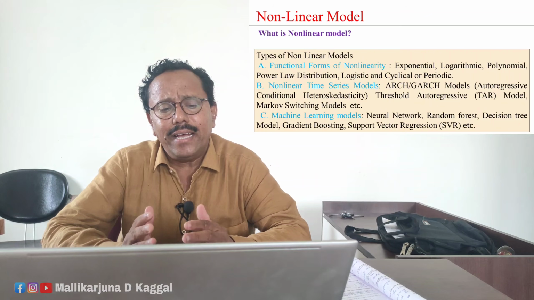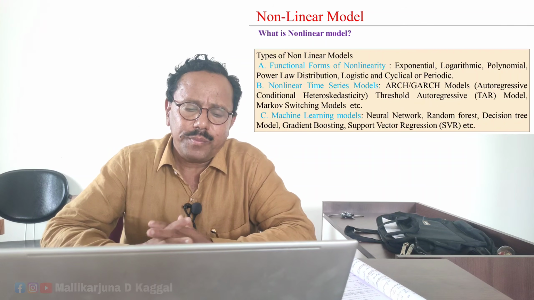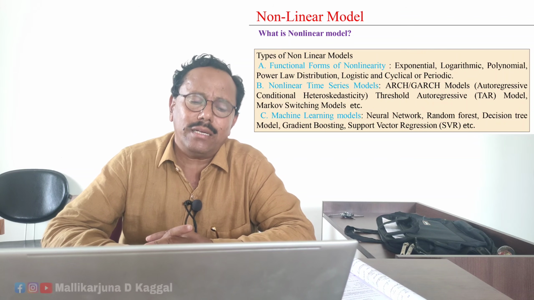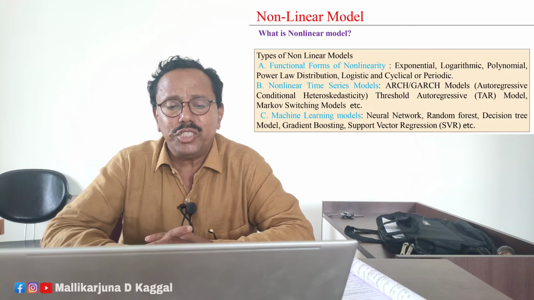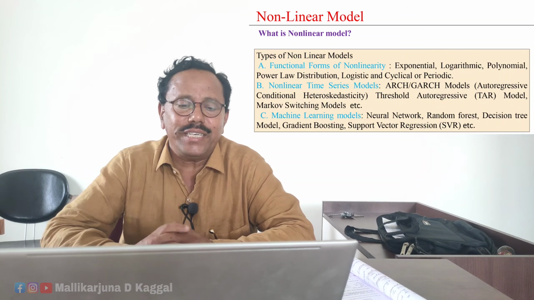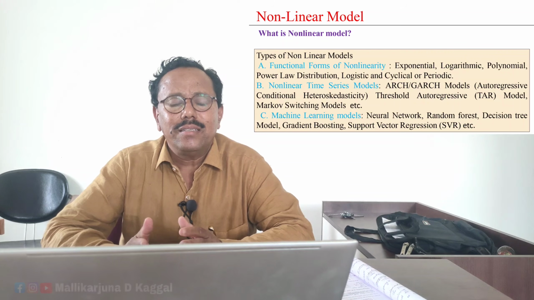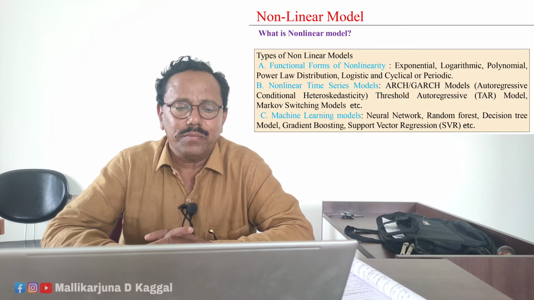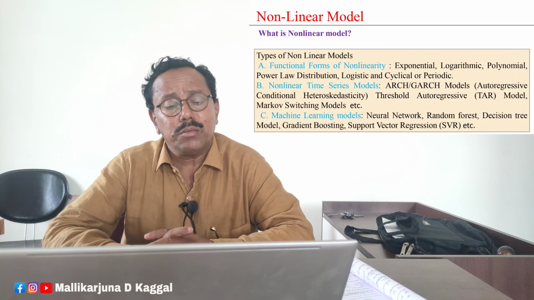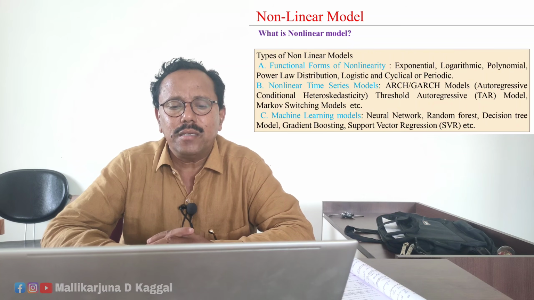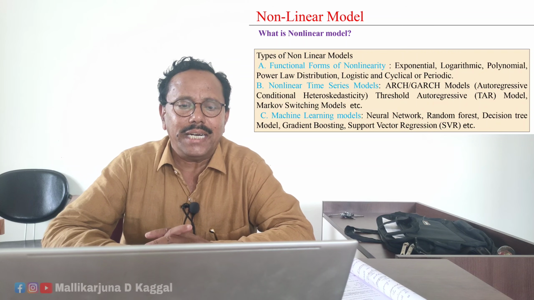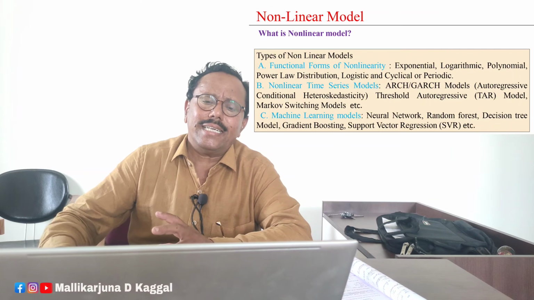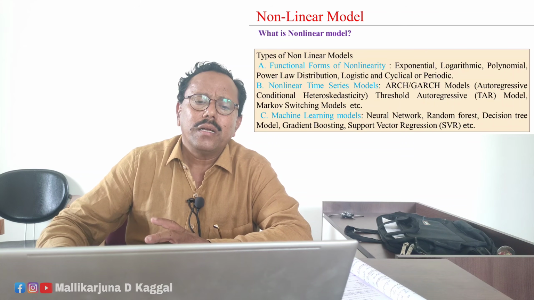Like that, transformations using mathematical functions can be made, but in linear we cannot make them. That's why the linear model is not flexible, but this is a flexible and most powerful model. It is the best for classification as well as volatility. So these are the characteristics of a non-linear model.